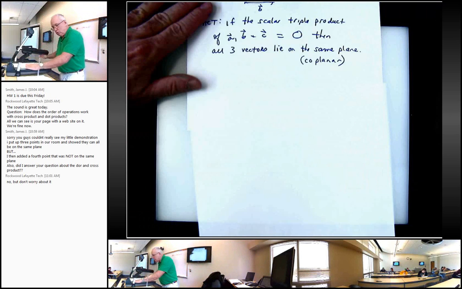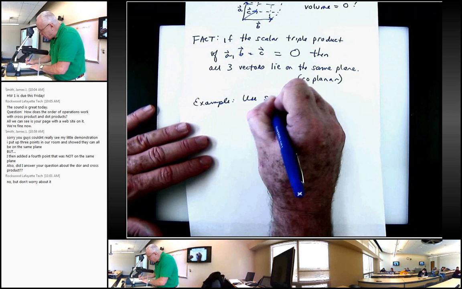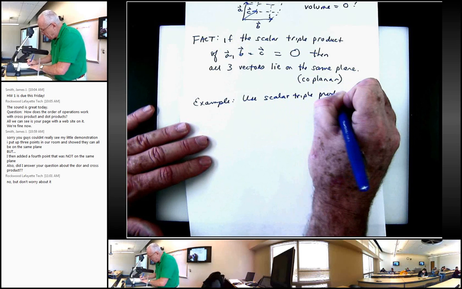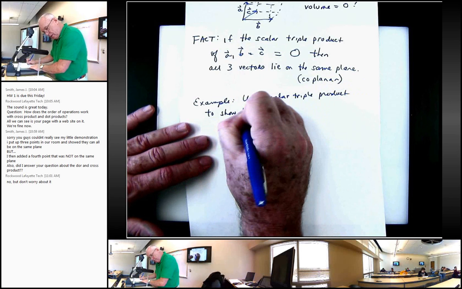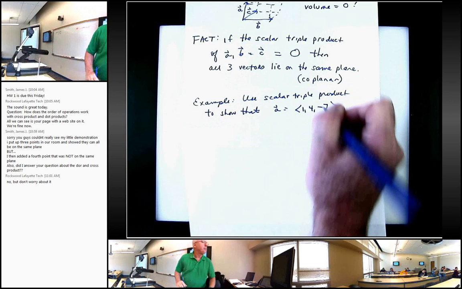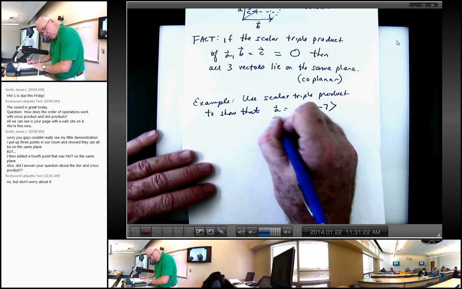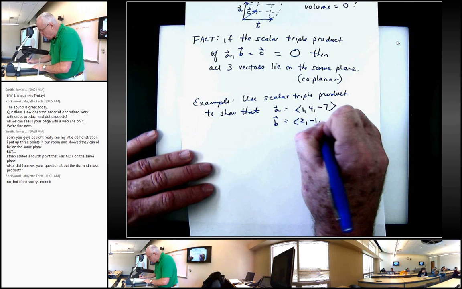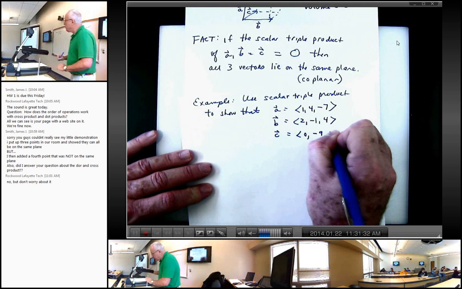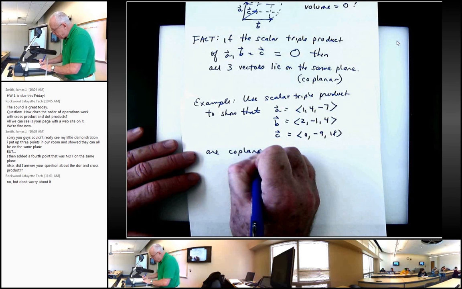Example: use the scalar triple product to show that A, which is equal to 1, 4, minus 7, B, which is equal to 2, minus 1, and 4, and C, which is equal to 0, minus 9, and 18, those three vectors, are coplanar, on the same plane.